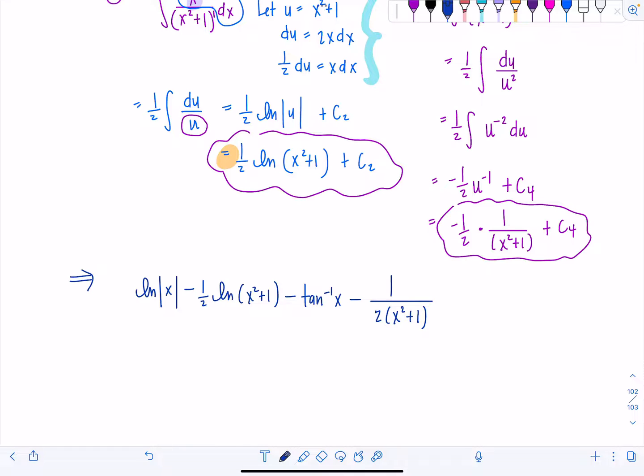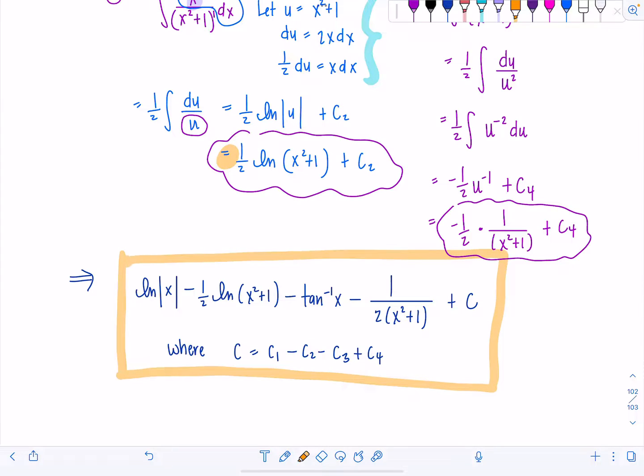Like just put everything together in the denominator so it's nice and clean, plus c, where c equals c1 minus c2 minus c3 plus c4. Remember those two integrals in the middle we subtracted. So this is our final answer. Let's box it with such pride.